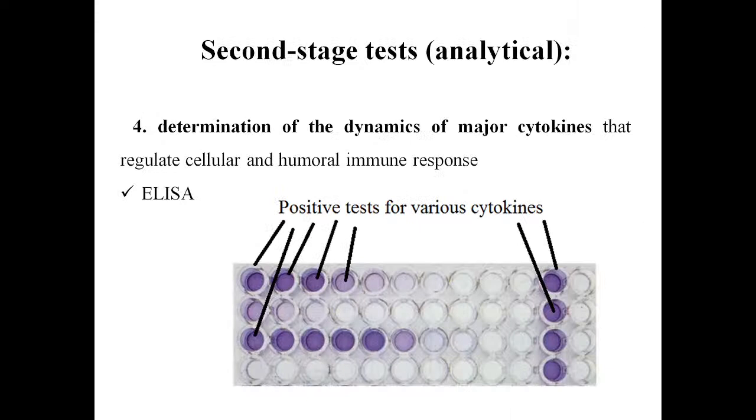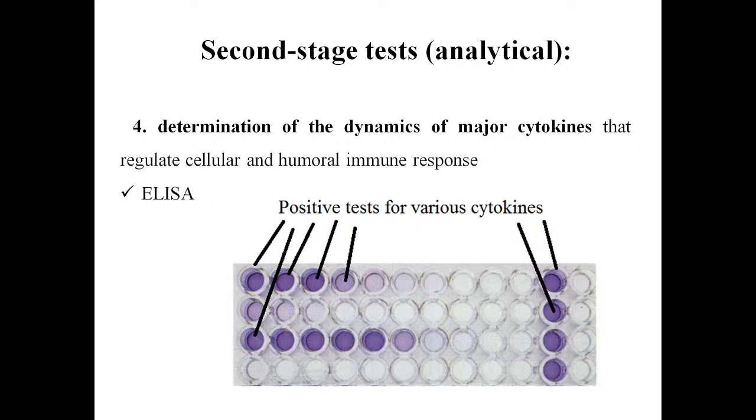Another one is a test that is used for determination of the dynamics of major cytokines that regulate cellular and humoral immune response. Cytokines are proteins that are produced by immune cells and regulate, activate or inhibit other immune cells. This determination is made in the ELISA test.